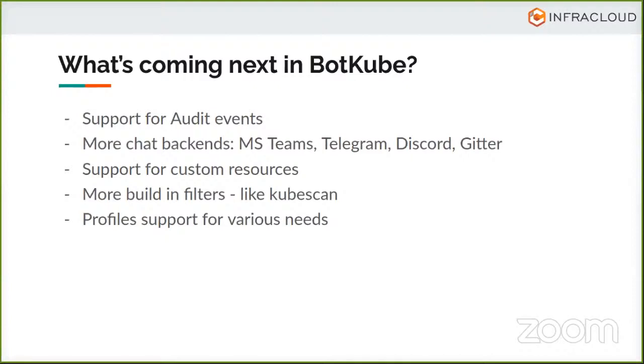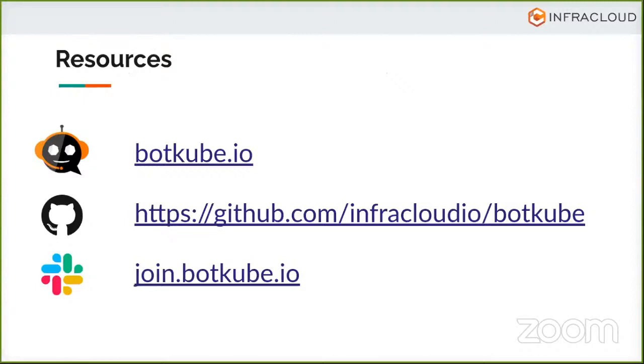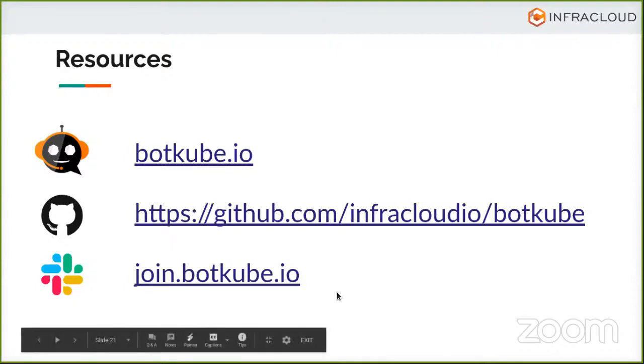We are also trying to add more filters like kube-scan. For documentation, you can refer to botkube.io, and the code is on the BotKube repo. Feel free to raise a feature request or issue if you observe one. You can join the BotKube Slack workspace at join.botkube.io.